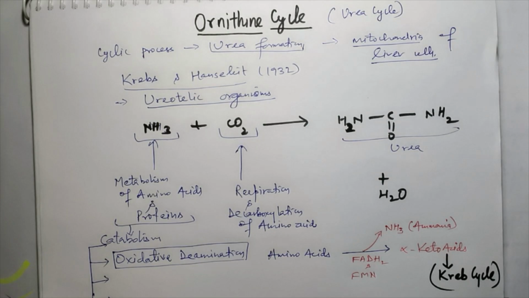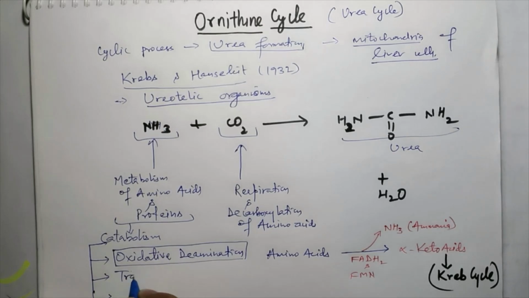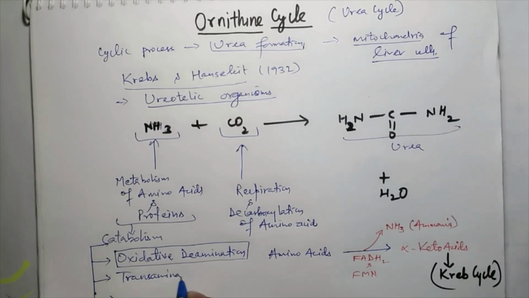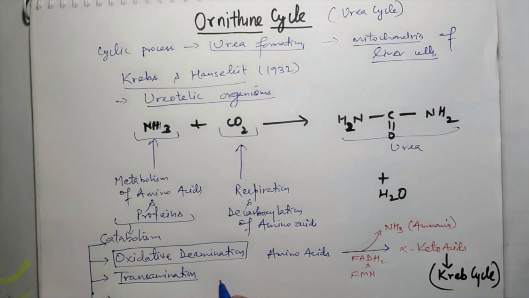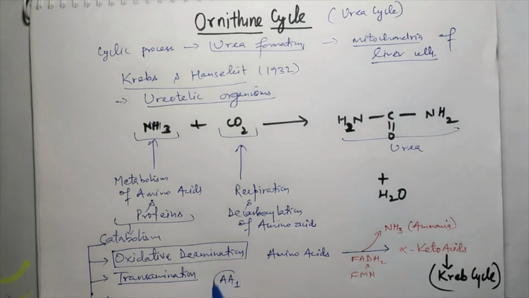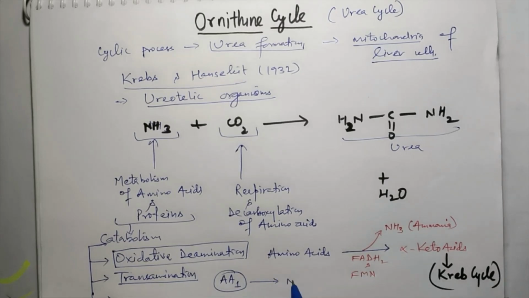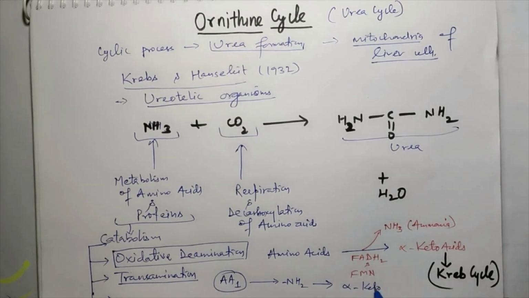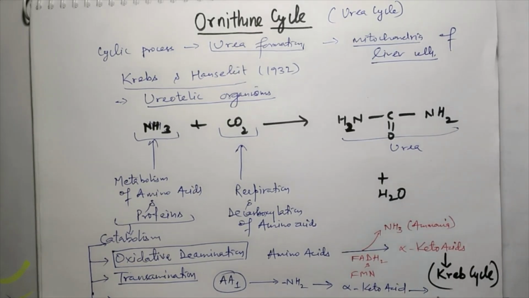The second type of catabolism of amino acids is transamination. It involves removal of the amino group of one amino acid, and then it is added to another alpha keto acid, and subsequently a new amino acid is formed.